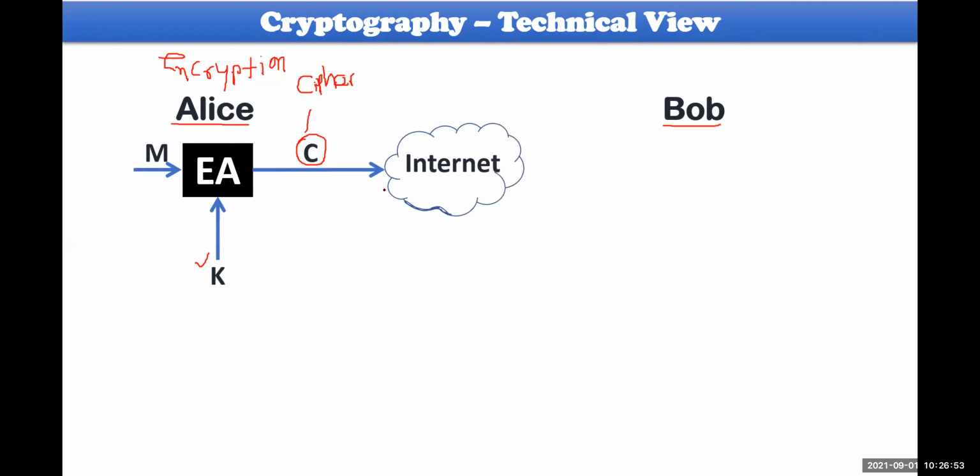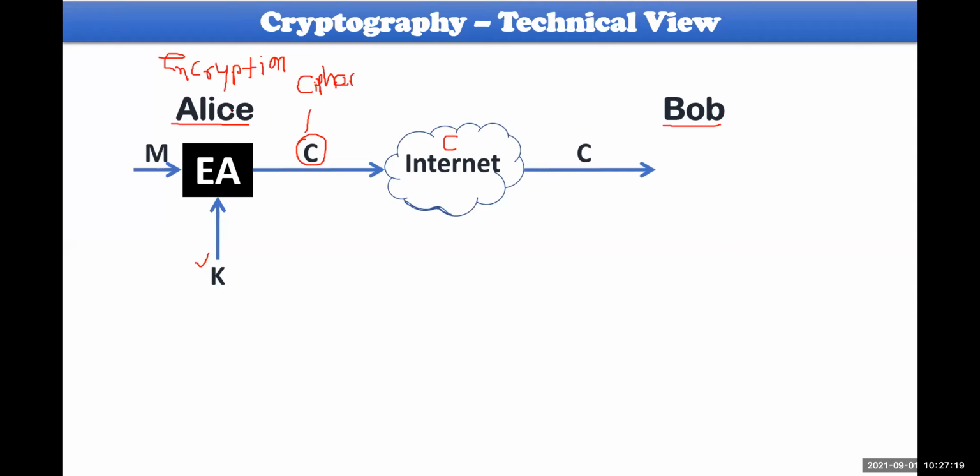This ciphertext will be placed onto the internet, because whoever accesses it could not understand it. It is not plain text, it is ciphertext which is scrambled by using one particular key. Now at Bob's side, what exactly does he do?